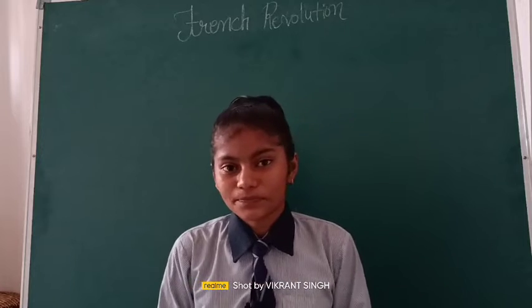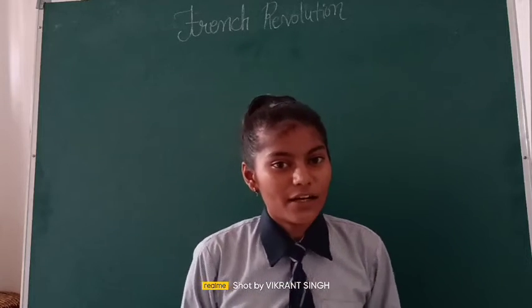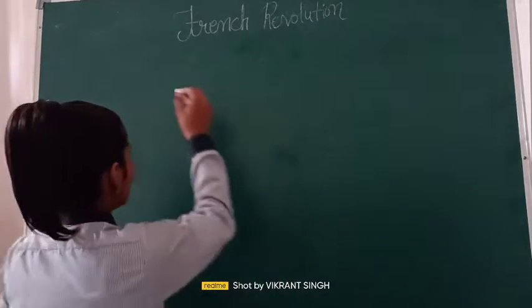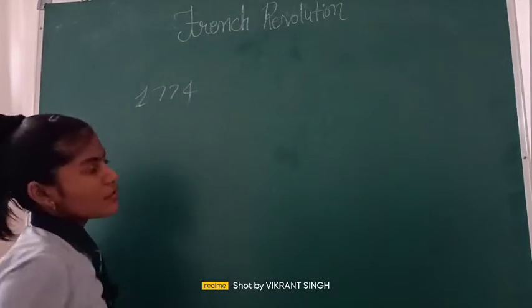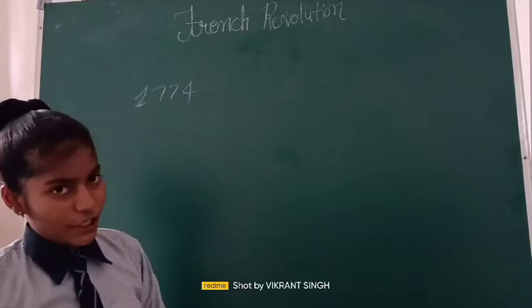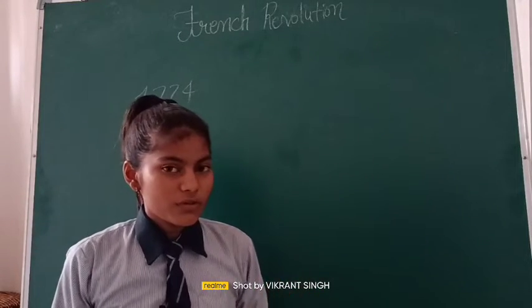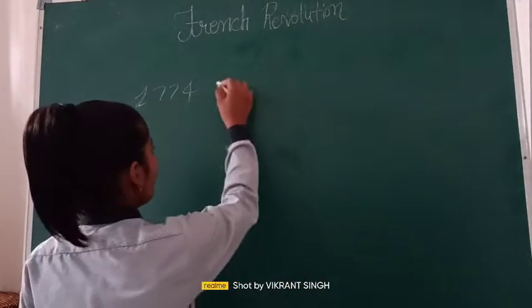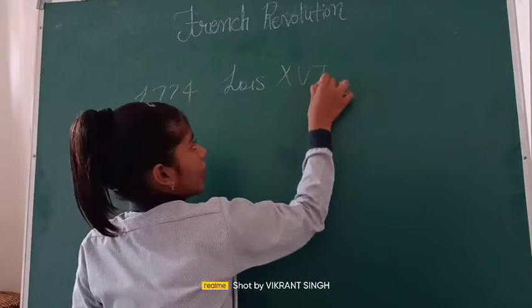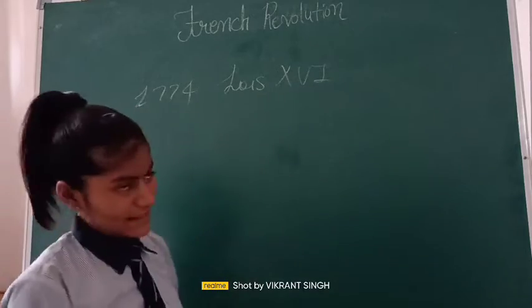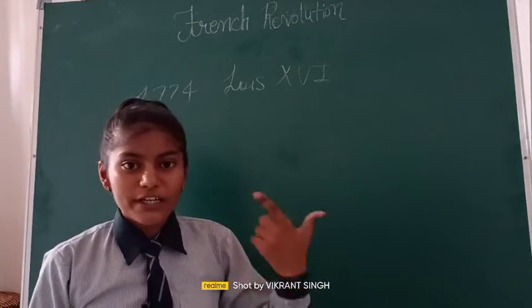Okay, let's start. It starts in the time of 1774. In 1774 there was a prince named Louis XVI. Louis XVI was of the Bourbon dynasty.